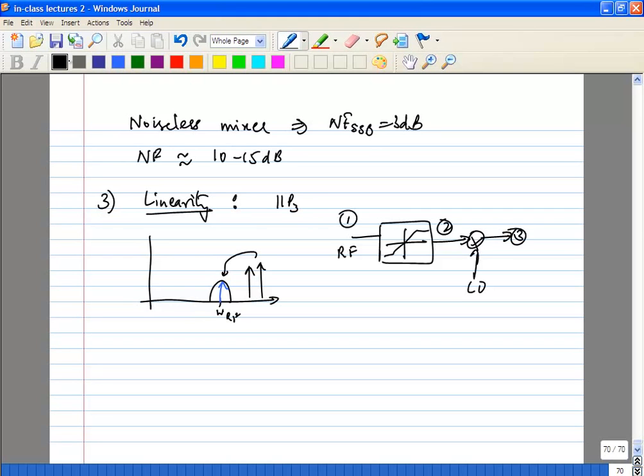So we'll look at signals in all three cases. At 1, you have the RF signal and the two interferers coming in. Let's draw it a little bit more systematically. This is at 1.